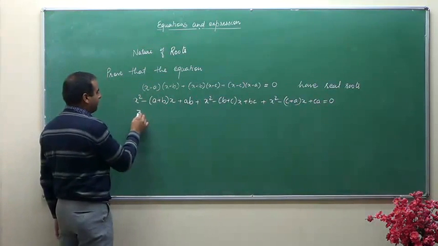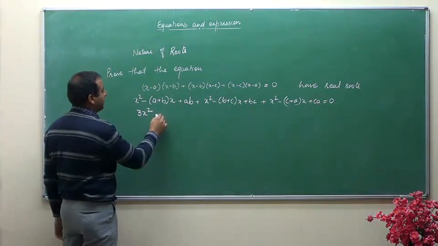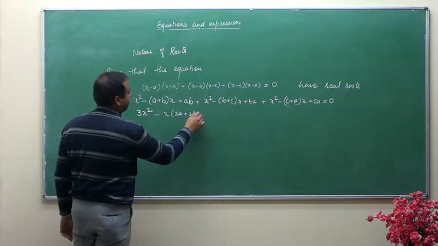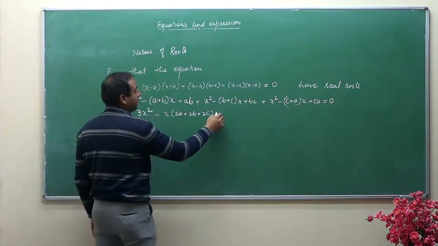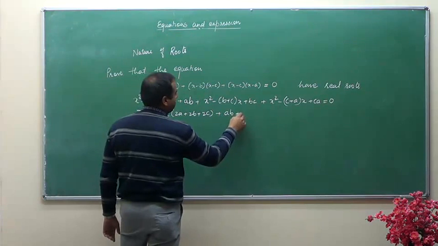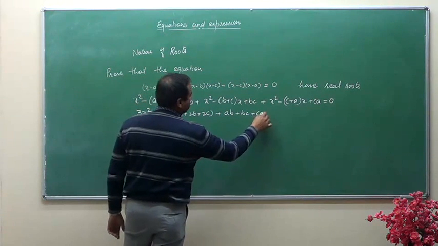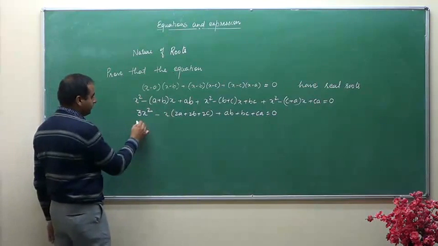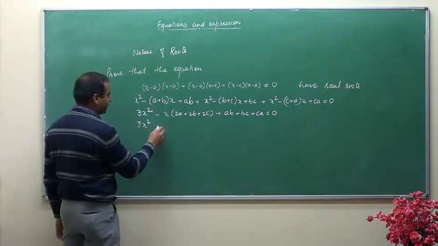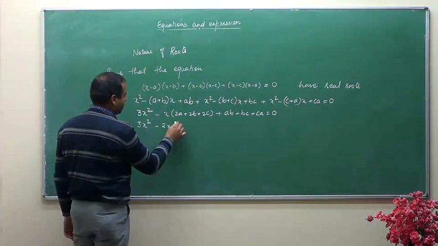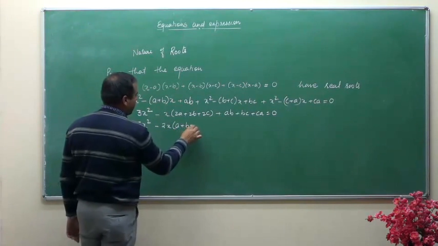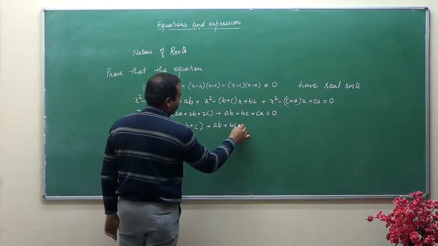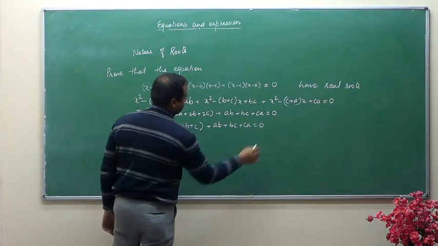After simplifying, it is 3x square minus 2x(a plus b plus c) plus (ab plus bc plus ca) equal to 0.